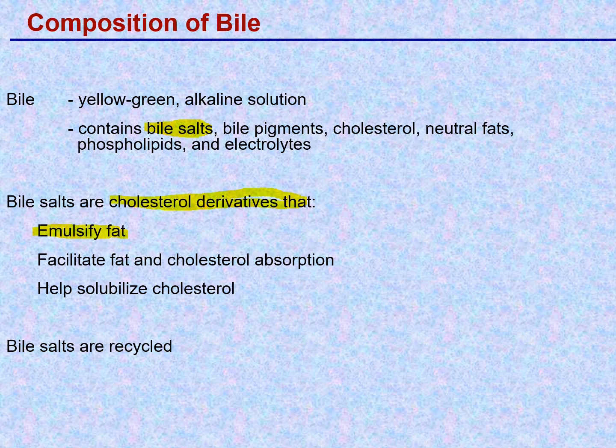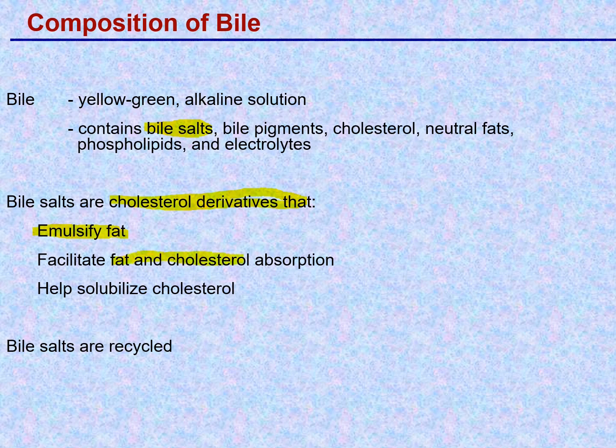If you shake it up, you'll get little droplets of fat in the water, but when you stop shaking, they all coalesce together. What bile salts do is they help emulsify. They help it to be present in small drops that won't come together. And that helps with fat and cholesterol breakdown and absorption.